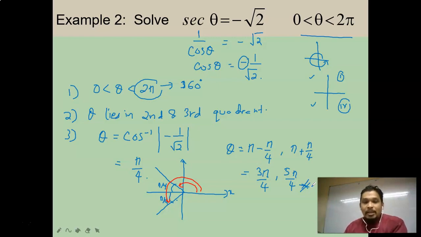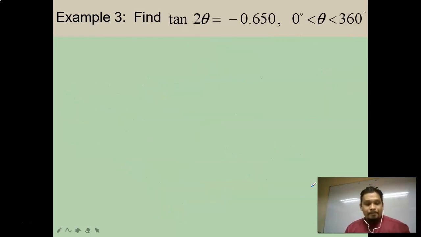Okay, next, find tangent of 2 theta equal to negative 0.650, where theta is from 0 to 360 degrees. So theta lies between 0 and 360 degrees.